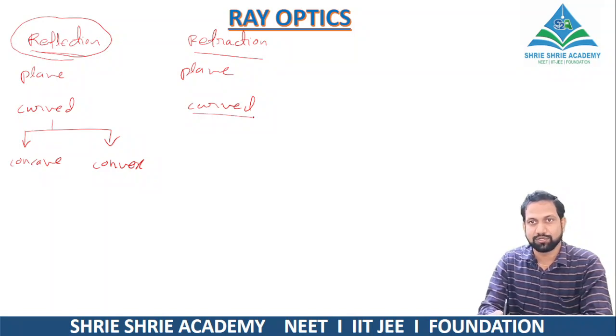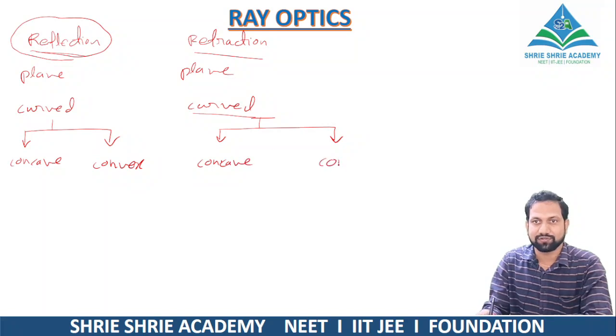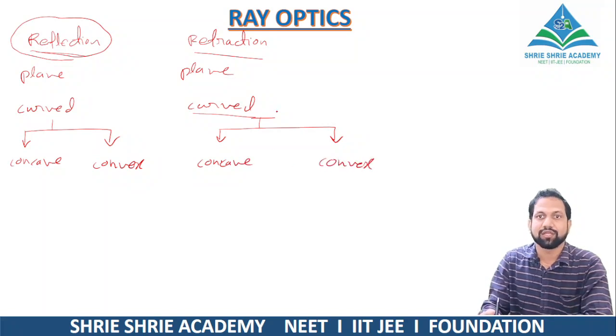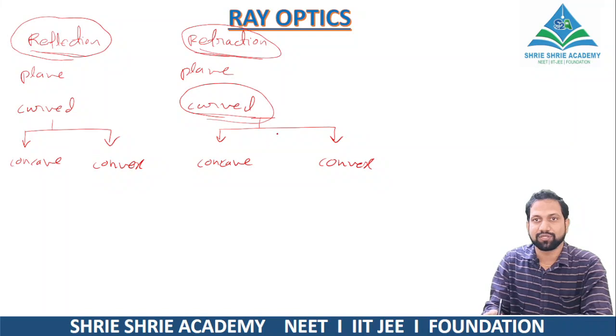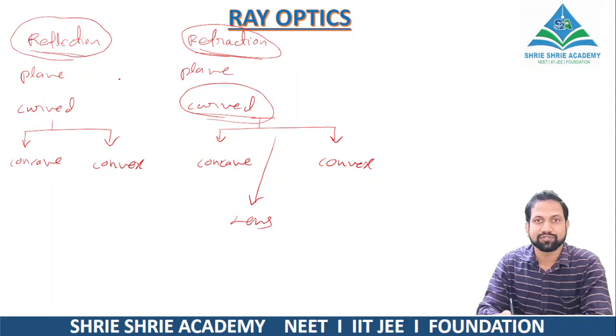Refraction through the curved interface, there are again 2 cases, concave interface and convex interface. Okay, and in the refraction case, in case of curved interface, there will be one more, that is lens. So what are the things that we are going to discuss here?